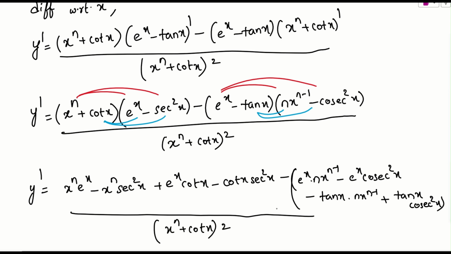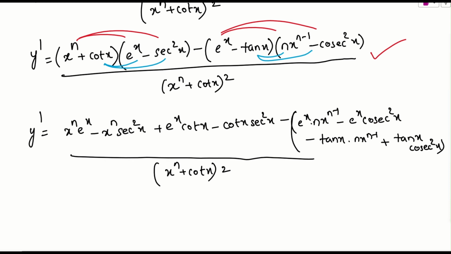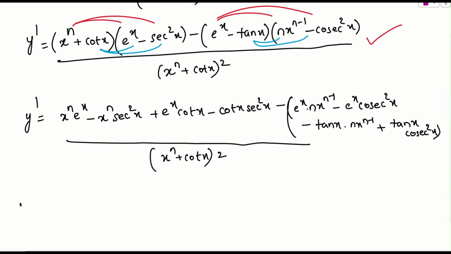See, maybe in some books they can stop up to here or they can give the options in this format also, but in some books if they ask you to solve further, this is the way of doing. Is it okay? Now let us continue. This is x^n e^x minus x^n sec² x plus e^x cot x minus cot x sec² x. Cot means cos by sine, secant means 1 by cos.